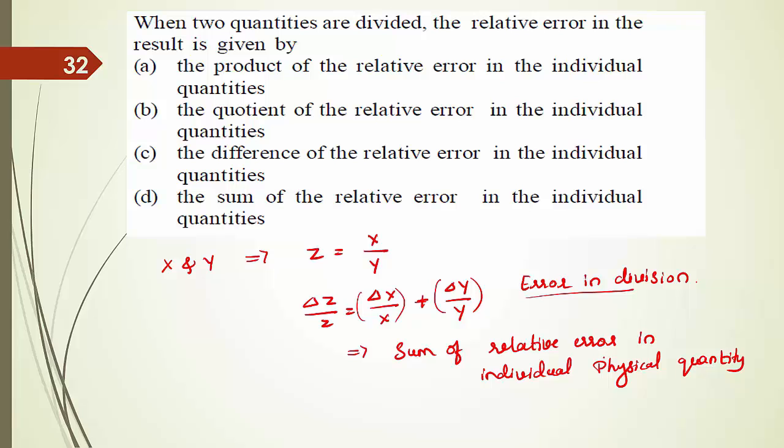Now read the options. The first one, product of: there is no product here. We have to concentrate on sum. In option B, they have given quotient, meaning division, wrong. Difference is also wrong. Option D, the sum of relative errors in individual quantities, is the right option, because in division as well as in multiplication, we always use the sum, that is the plus sign. So option D is right.